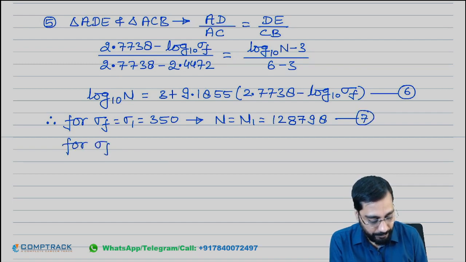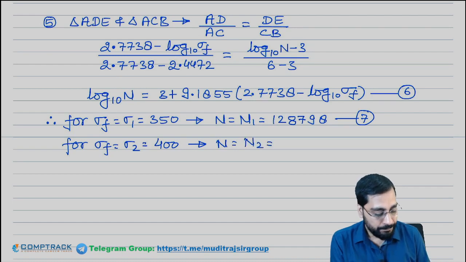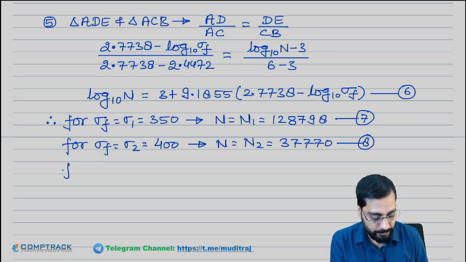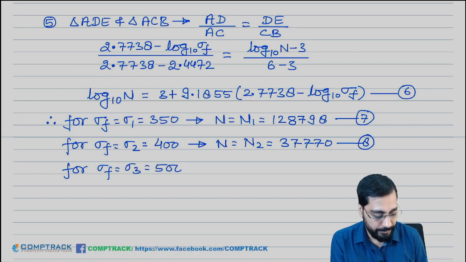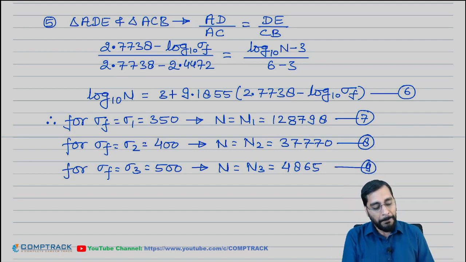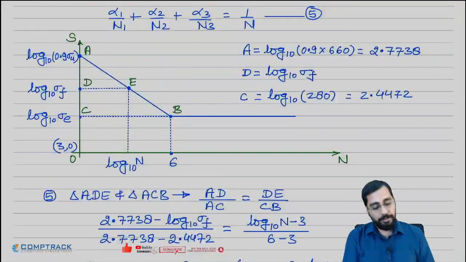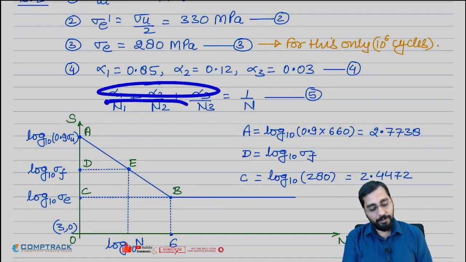For sigma f equal to sigma 2, 400, N will be n2, 37770, and for sigma f sigma 3, 500, then N will be n3, 4865 only. Okay. So now your n1, n2, n3 are known. Alpha 1, alpha 2, alpha 3 are also known.